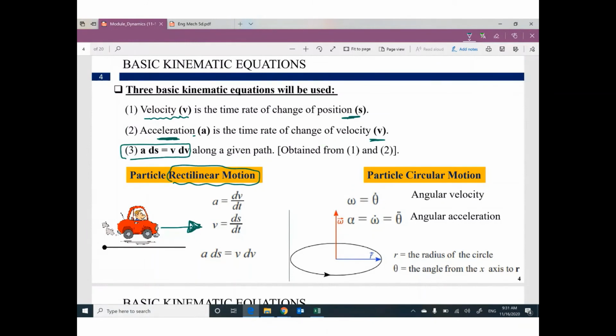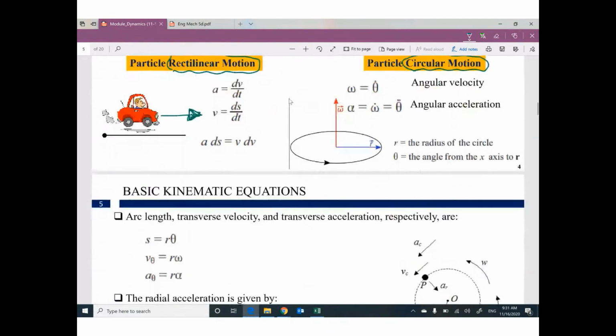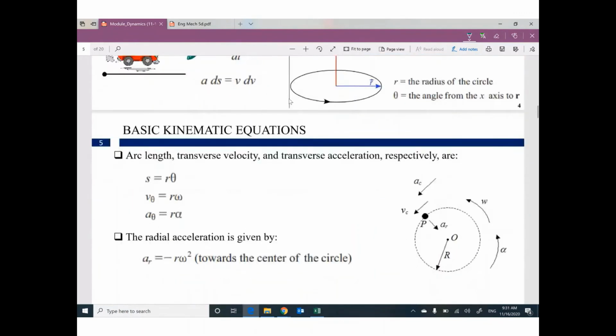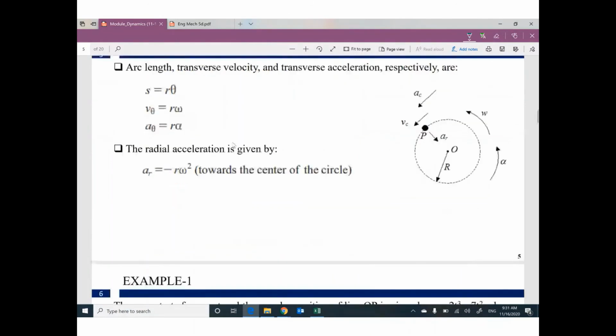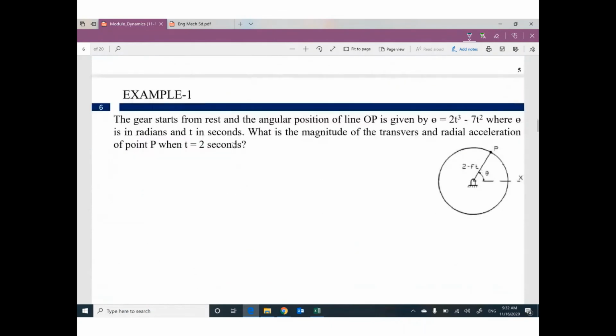Sometimes your motion is circular. For any reason, you are walking or moving in a circular motion. We have a good relationship between the rectilinear motion and the curvilinear motion. And we will cover example number 1 next time.